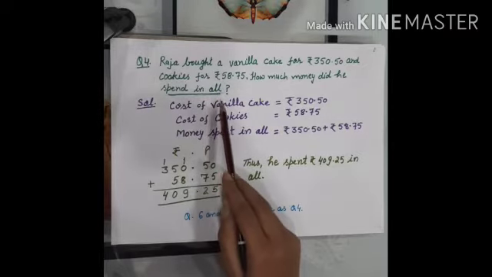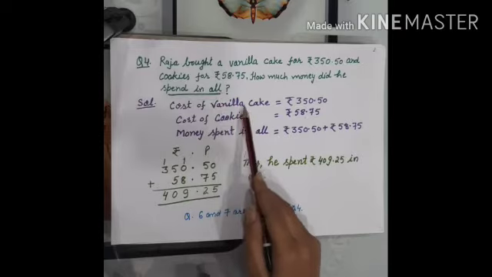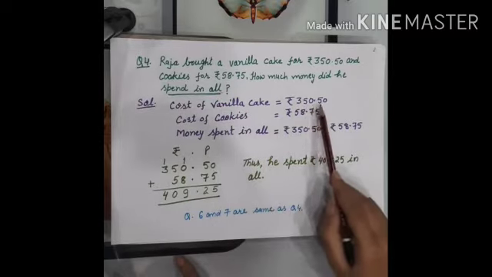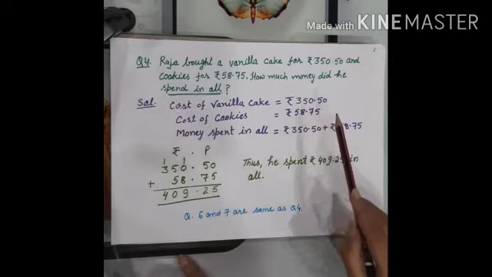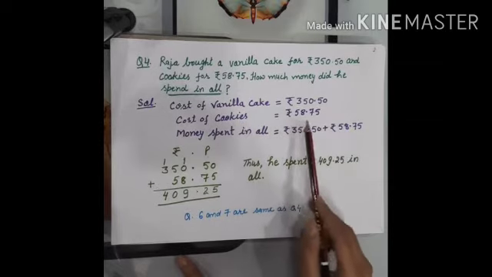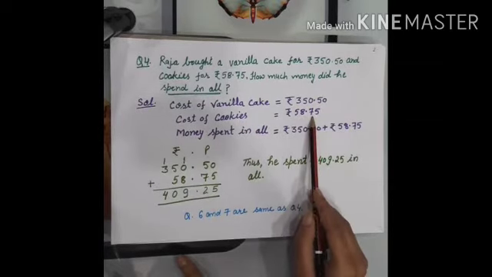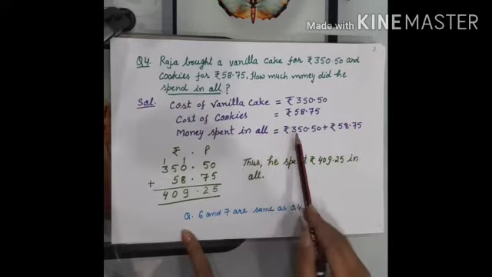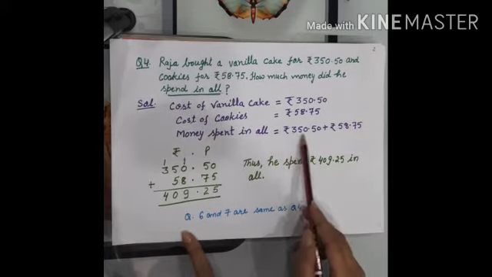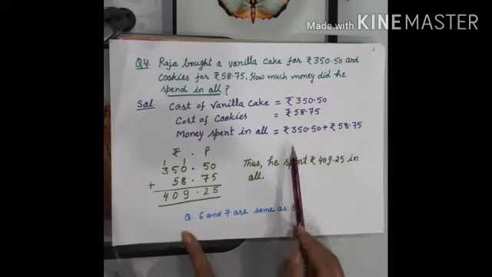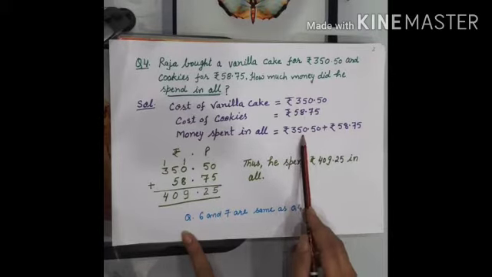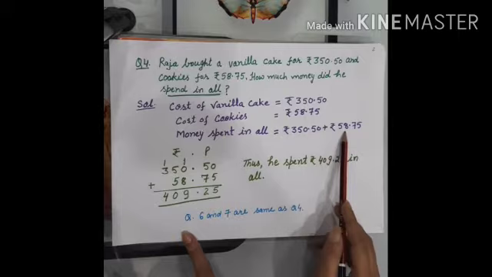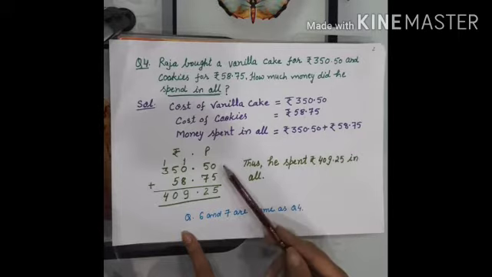Now we write here: cost of vanilla cake is rupees 350 and 50 paise. Cost of cookies is rupees 58 and 75 paise. Money spent in all: here we have to add both the values. Means we add rupees 350 and 50 paise and rupees 58 and 75 paise.